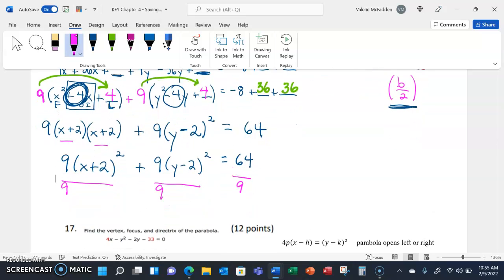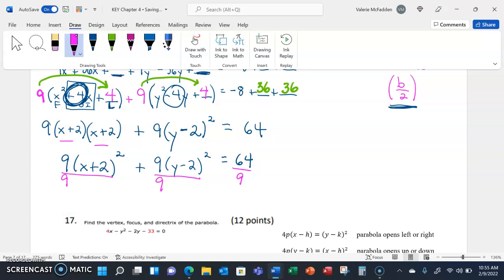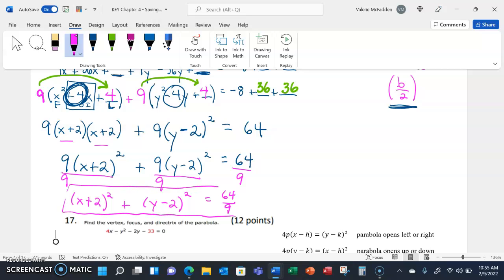So we're going to have (x plus 2) squared plus (y minus 2) squared is equal to 64 ninths. We'll just leave it in fraction form, and that's fine.